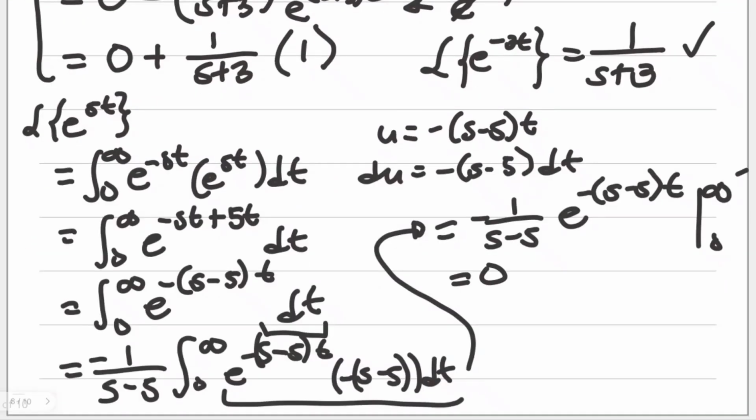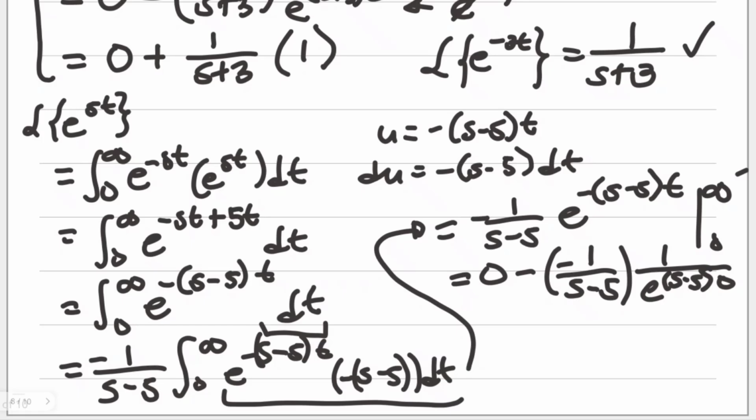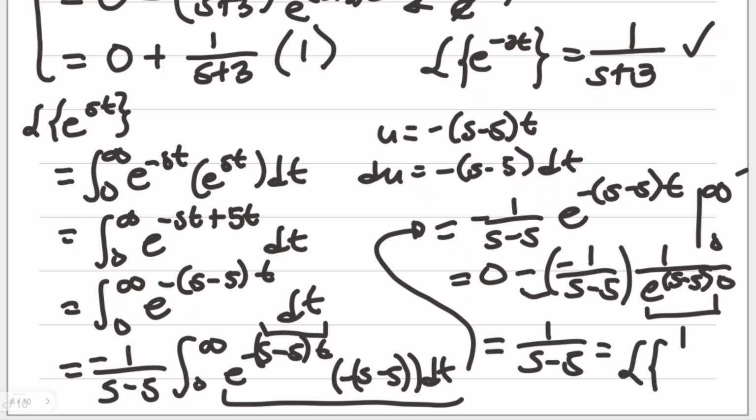So 0 minus, then you will have negative 1 over s minus 5, then you have here 1 over e to the power of positive s minus 5 times 0. This is minus 5, so this will become 1 over 1. So you will have here double negative property, positive 1 over s minus 5. This is your Laplace transform of e to the power of 5t.